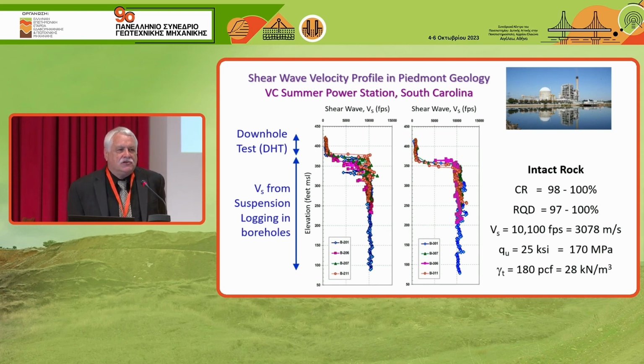Wow, that's some strong stuff. That's the same as the shear wave velocity of steel. It has a fairly high uniaxial compressive strength. The unit weight, gamma, there's my Greek, is 28 kilonewtons per cubic meter.